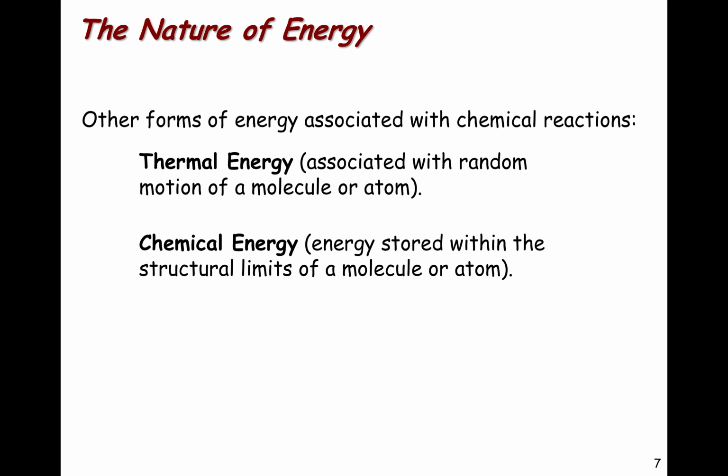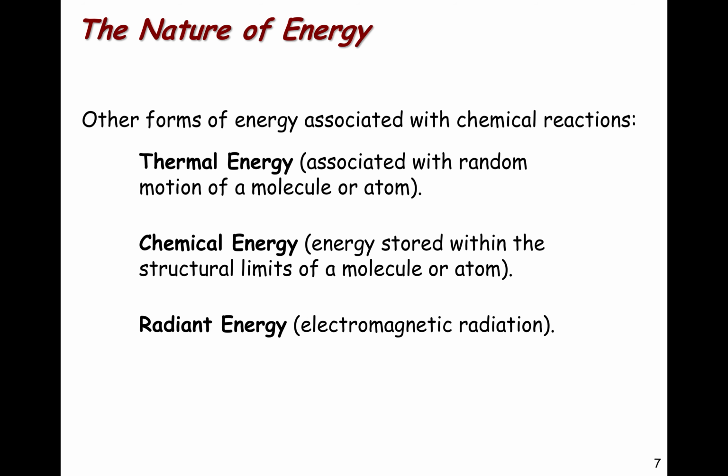In addition to that, we have energy that is stored within chemical bonds, and this energy can be substantial. This is the energy that is holding various atoms together within a molecule. And then finally, we have the so-called radiant energy or radiation. This is what we discussed previously in terms of electromagnetic energy.